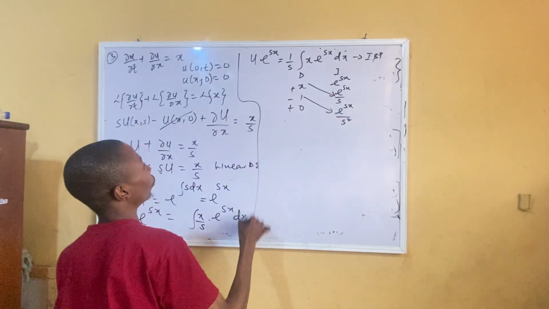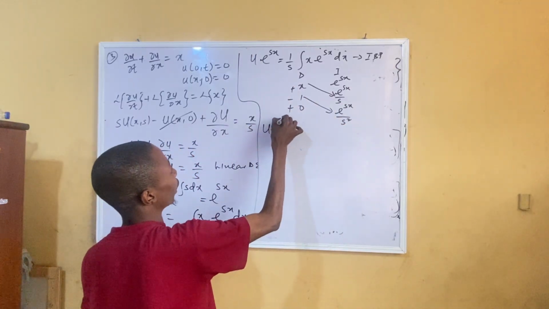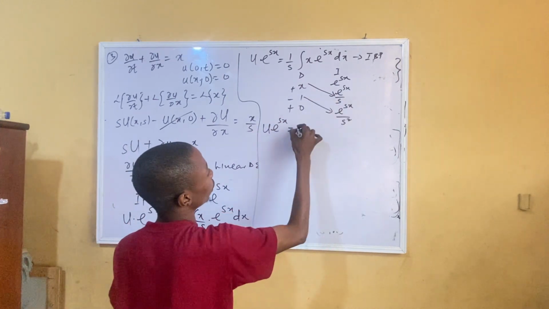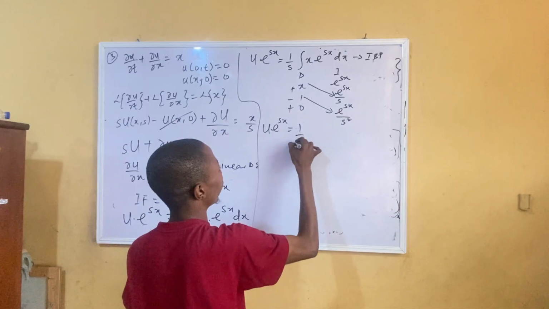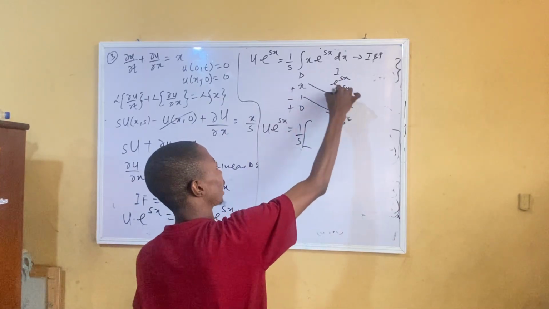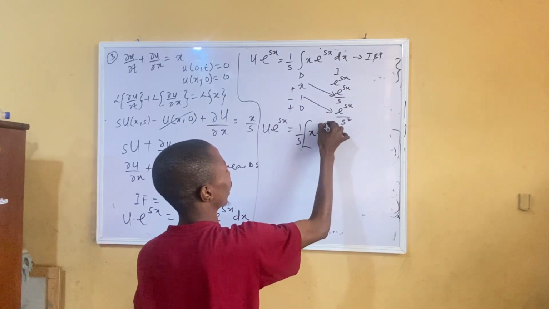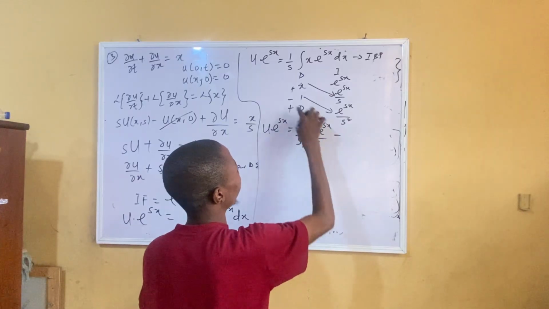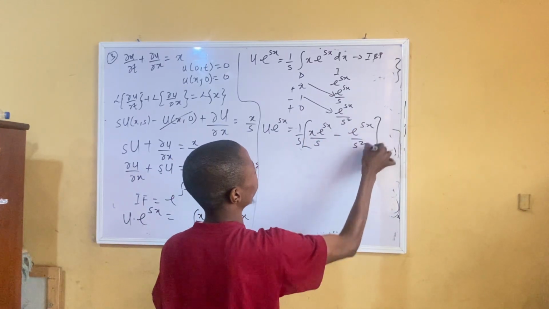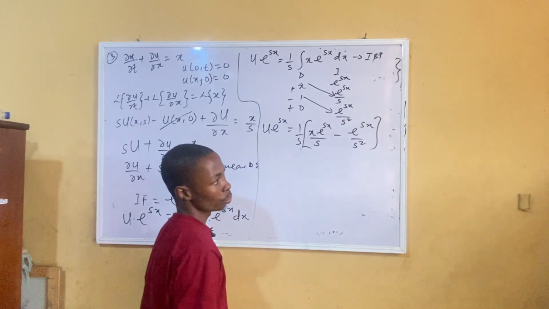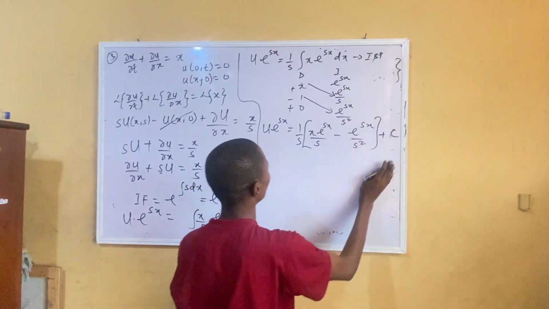So therefore, we are going to have u exponential xs equals this times this. Don't forget, 1 over s is outside. Let me say 1 over s into big bracket. This times this: x exponential xs over s, minus this times this: exponential xs over s squared. After we are done integrating, what are we going to put? Plus c, okay?